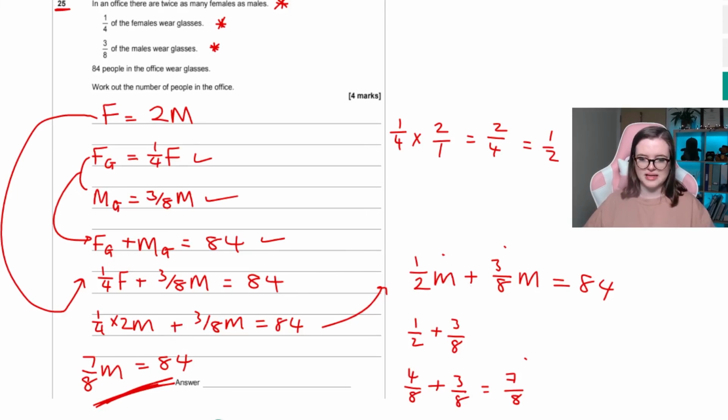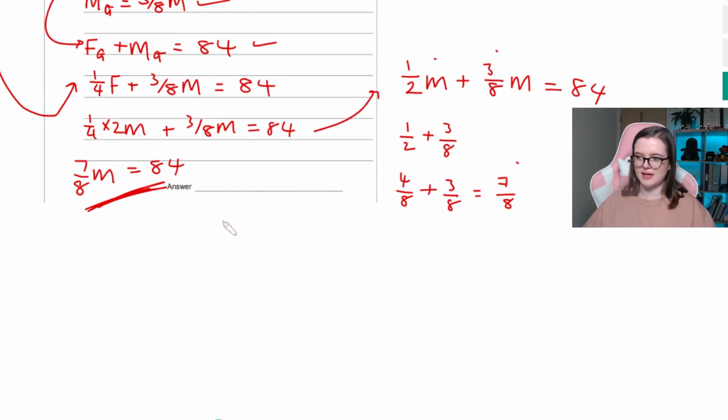Then I'm going to bring this down here a little bit, so I've got a bit more space. Because I want m on its own, the number of males, I'm going to divide by 7/8.